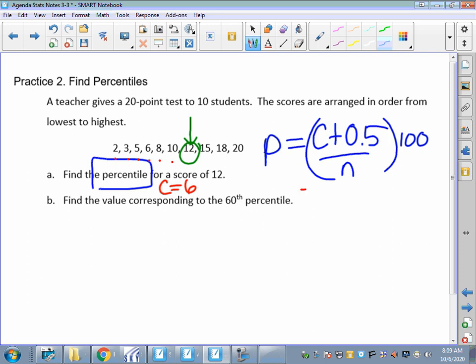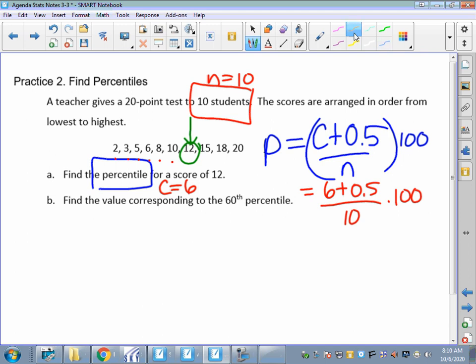So I'm going to do my math problem. 6 plus 0.5 over N, which equals 10, and multiply that by 100 to turn that into a percentile. When I do that math, I end up with 6.5 over 10, yeah, 65. So this would be the 65th percentile.